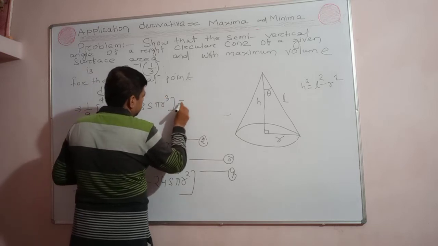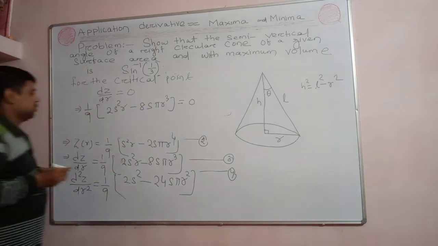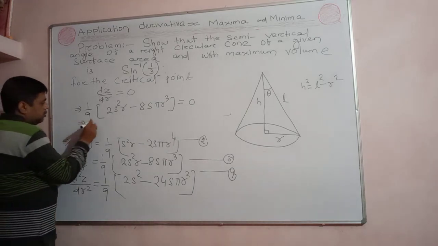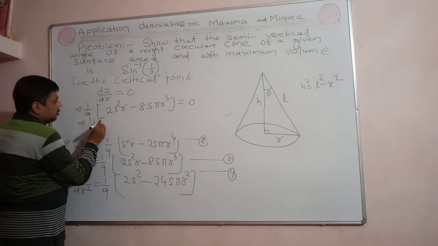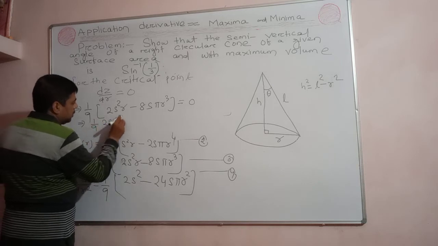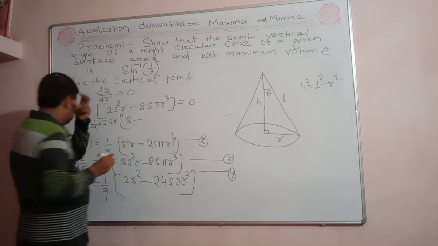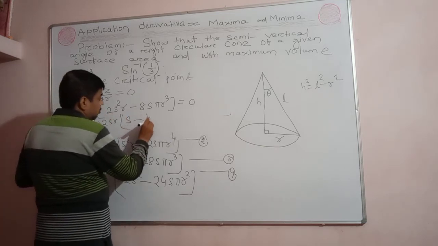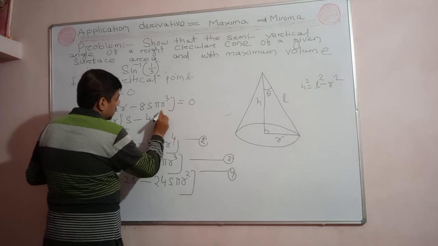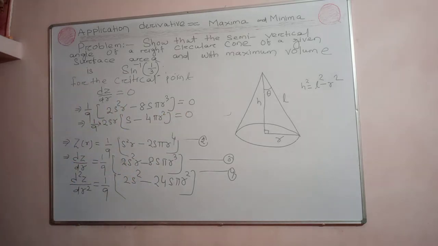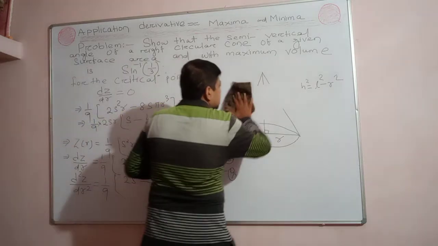This is the first order derivative, and we have to equate it to 0. Then after that, you see 1 by 9, 2s r will be common into (s minus 4 pi r square) is equal to 0. Right? Understand? It's okay. Now let us see.